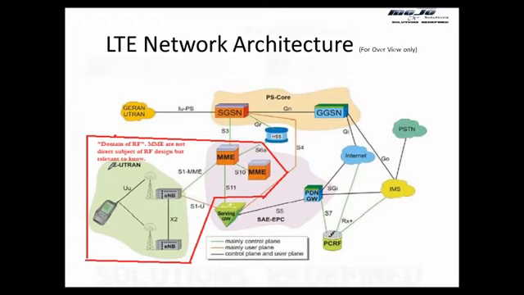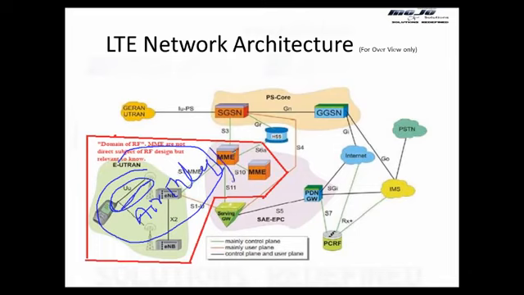You see this portion marked in red is RF. This portion is the main domain of RF engineering. This is called the air interface, and this air interface is what most of an RF engineer's job is about.